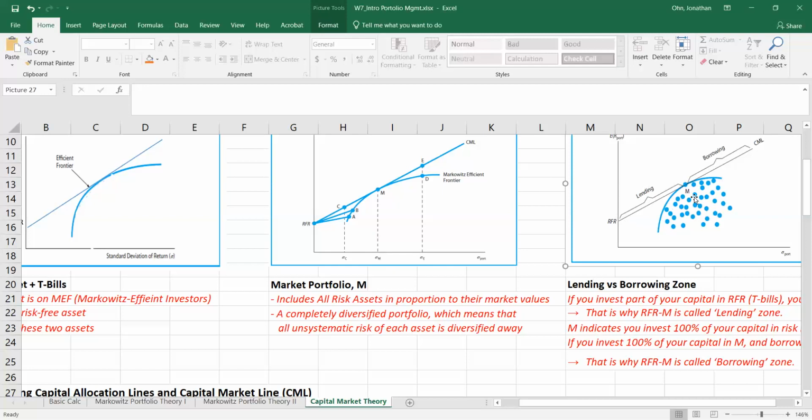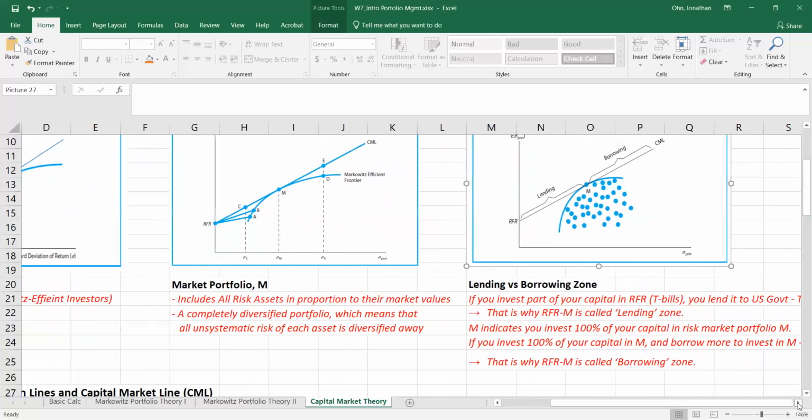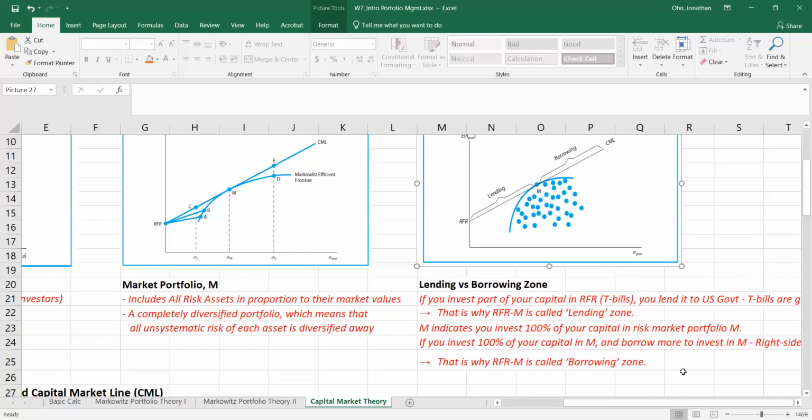So some portion of your money is invested in the risk-free asset. Now, look at this. The risk-free asset is government securities, right? T-bills, treasury bills. So if you invest your money in treasury bills, what does that mean? Part of your money is lent to the government, because T-bills are a borrowing tool for the government, right?